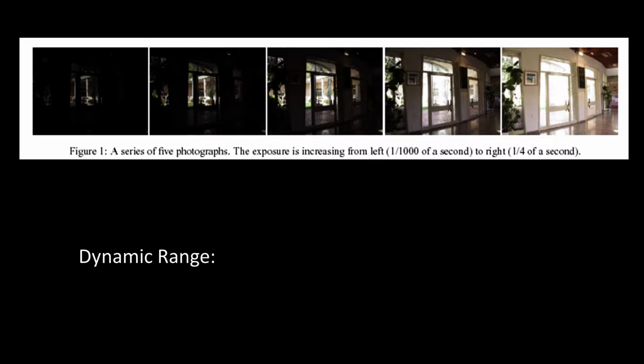So here's a series of photographs where you adjust the amount of light coming into the image from 1,000th of a second to 1/4 of a second. You see here, there's an outdoor part of the scene right there. So 1,000th of a second is enough. When you open it up a little bit more, it gets a little bit easier to see these things. And then as I let in enough light that I can see the interior really well, this outdoor part is totally blown out.